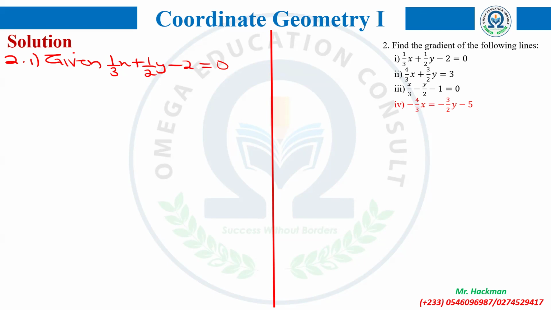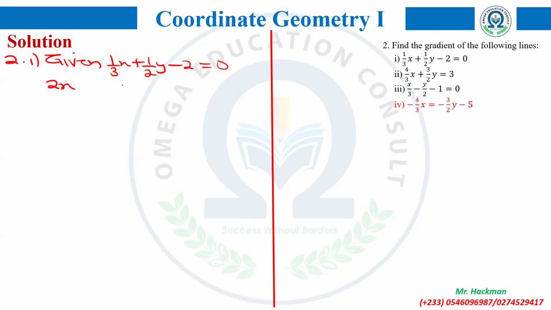What will be the LCM? 6, right? So we multiply through by 6, which is the same as multiplying each term by 6. This 6 will cancel the 3 and go there 2 times, so it will be 2 times x, giving us 2x.